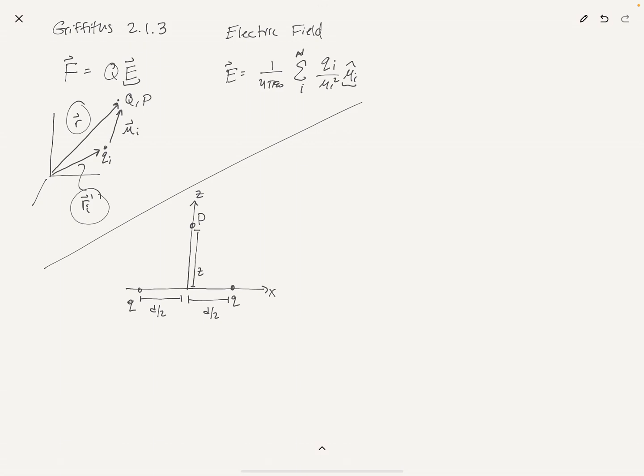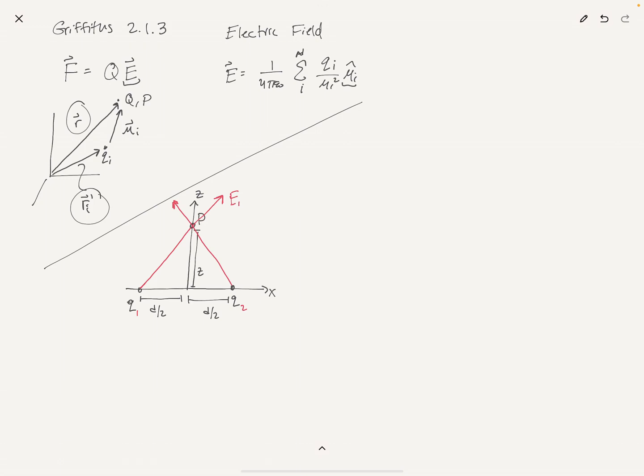From the left side, my electric field is going to be pointed in this direction. And I'll go ahead and call that E from charge 1, and 1 and 2. And my right charge is going to generate a field that's pointed in the opposite direction.